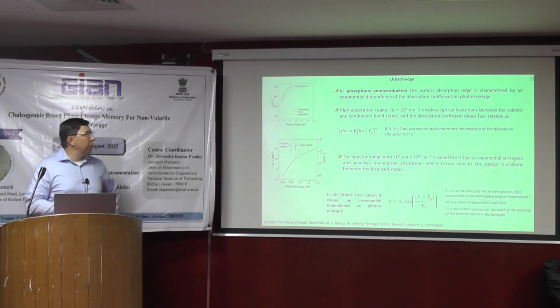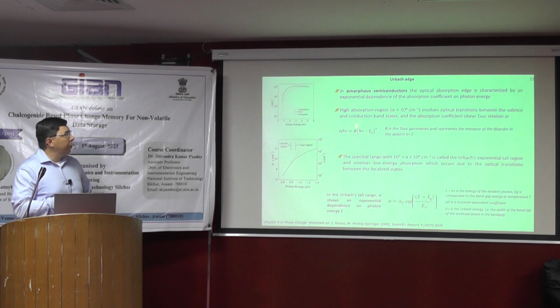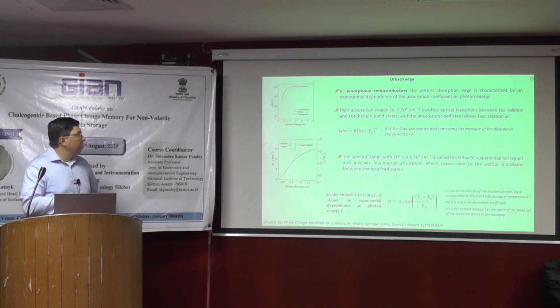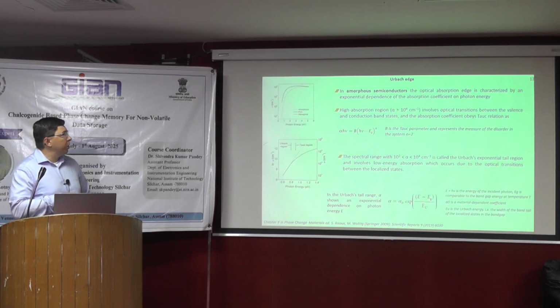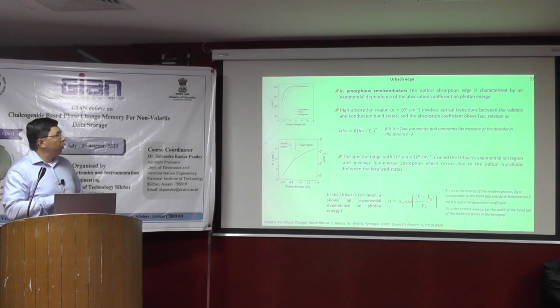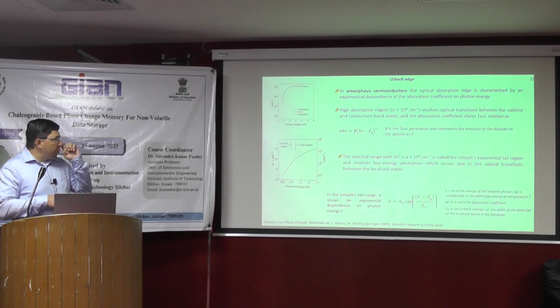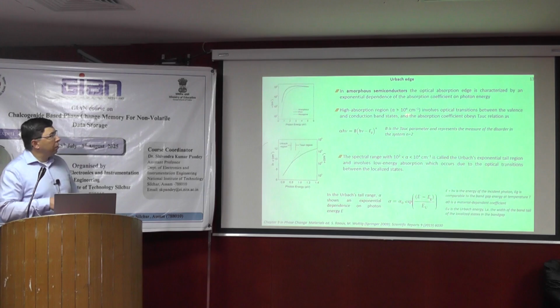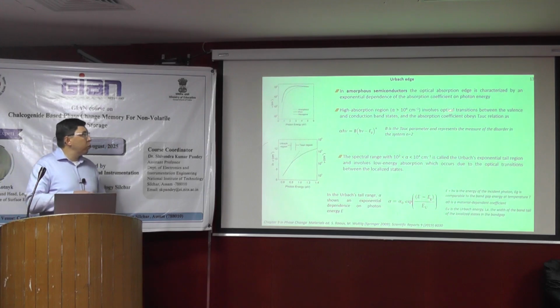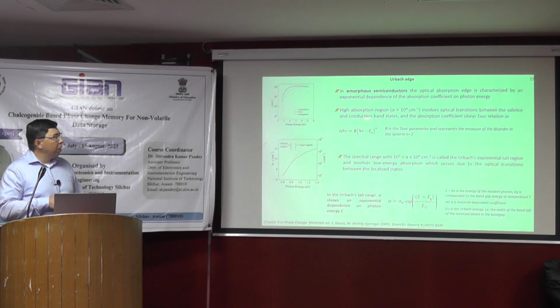So now let us look in more detail at this Urbach edge. In amorphous semiconductors, the optical absorption edge is characterized by an exponential dependence of the absorption coefficient on photon energy. The high absorption region, like more than 10 to the 4 per centimeter, involves optical transitions between valence and conduction band states, and the absorption coefficient follows the Tauc relation, by this equation.